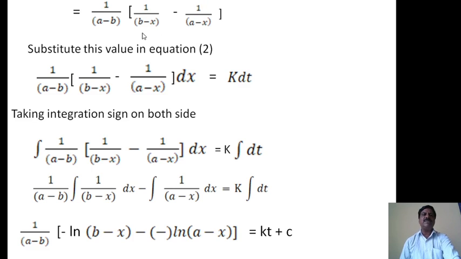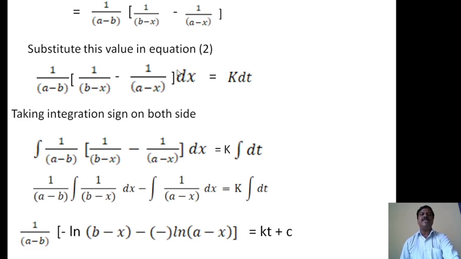Now substitute this value in equation number 2. Therefore, we will get 1 divided by (a minus b) into [1 divided by (b minus x) minus 1 divided by (a minus x)] into dx is equal to k dt.